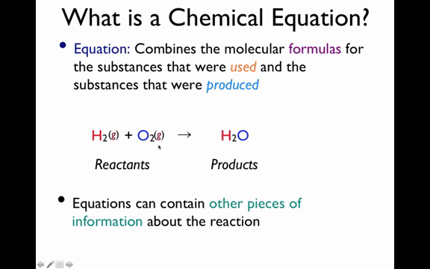Parentheses (g) means that these materials were gases when they reacted with each other. In other words, this is a little bit of additional information that wasn't on the previous slide. When you see this, the chemist is basically saying, look, the H2 molecules, they were a gas when they reacted.